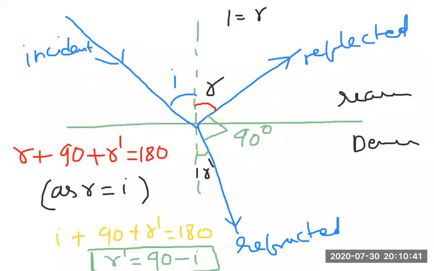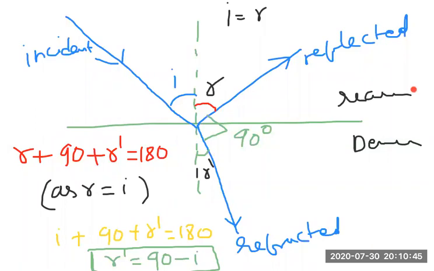Coming to the next topic. Here the refractive index, when light is moving from rarer to denser, we can write as sin I by sin R, from Snell's law of refraction. So it is coming from which medium to which medium?